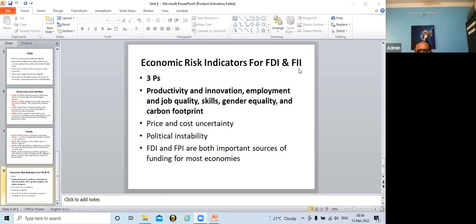I told you that FDI increases the GDP of a nation, whereas FII increases the money flow of a nation. Are you getting my point? So this was about economic risk indicators.